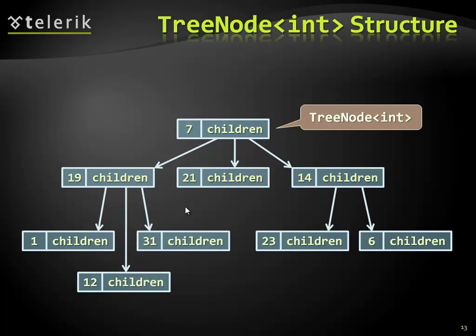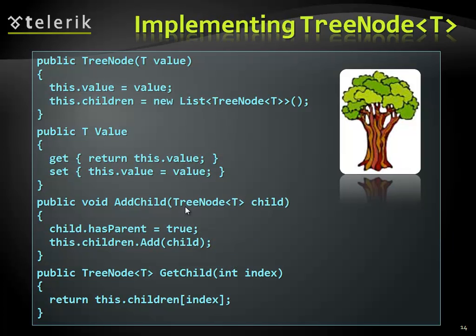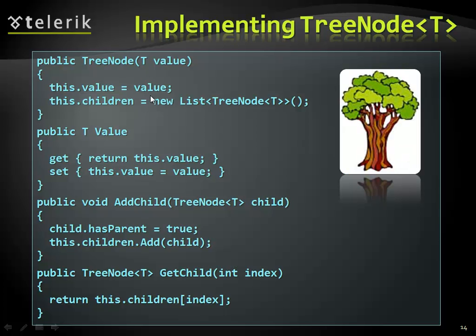Okay, so how do you implement a tree as a class? Well, you need some structure, some constructor, which, for example, takes a value and creates a node with that value.